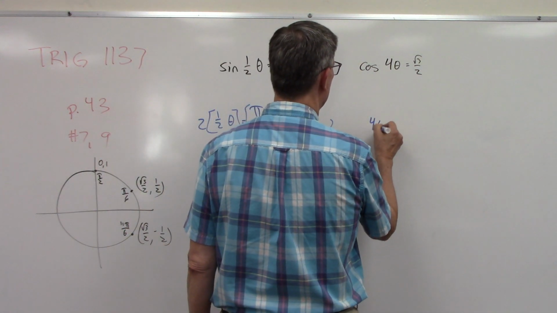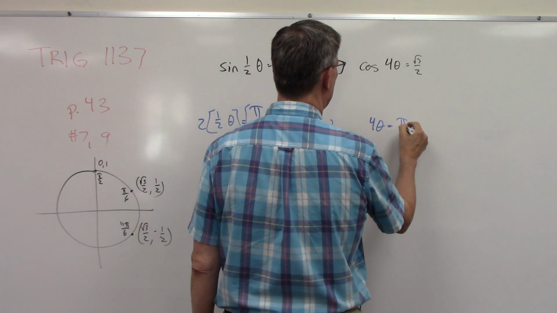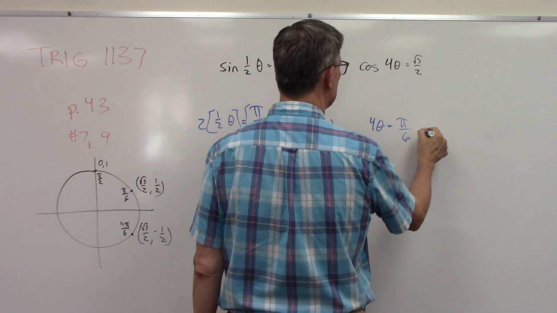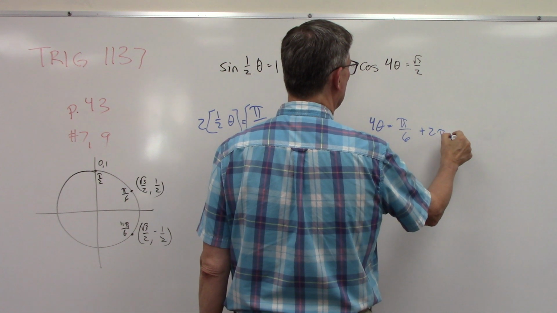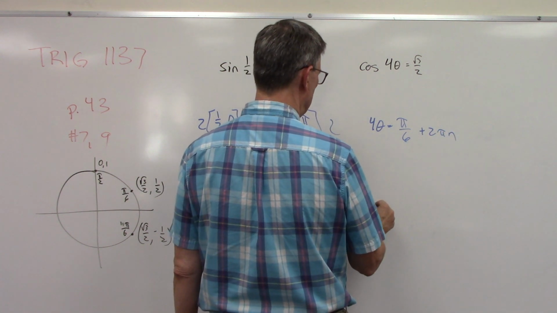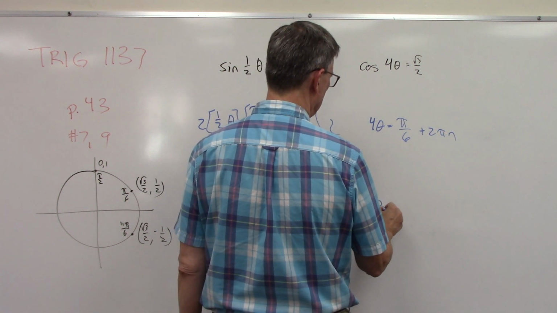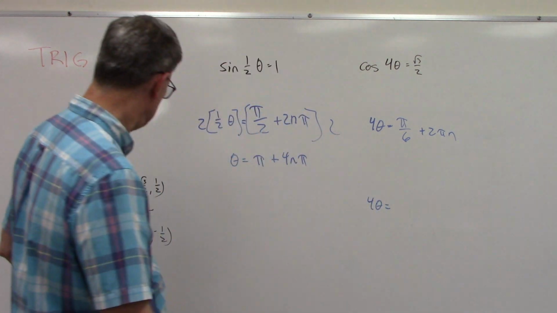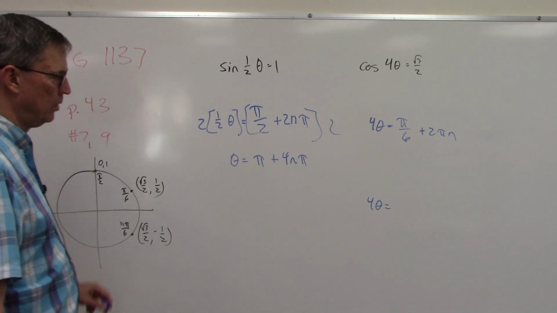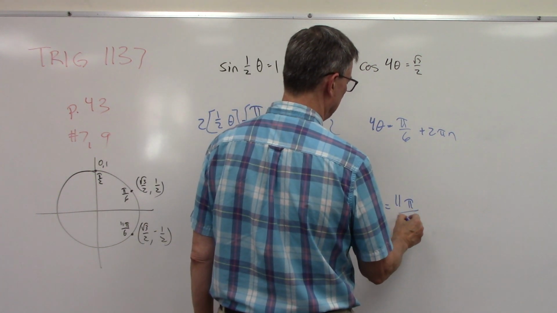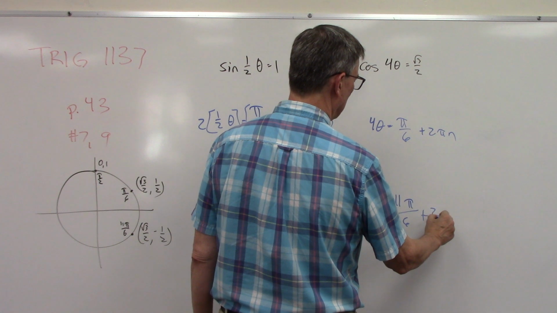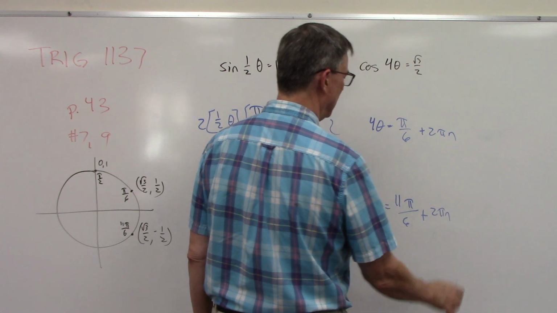So 4 theta equals pi over 6 plus 2 pi times n. And then we're also going to have 4 theta equals 11 pi over 6 plus 2 pi n.